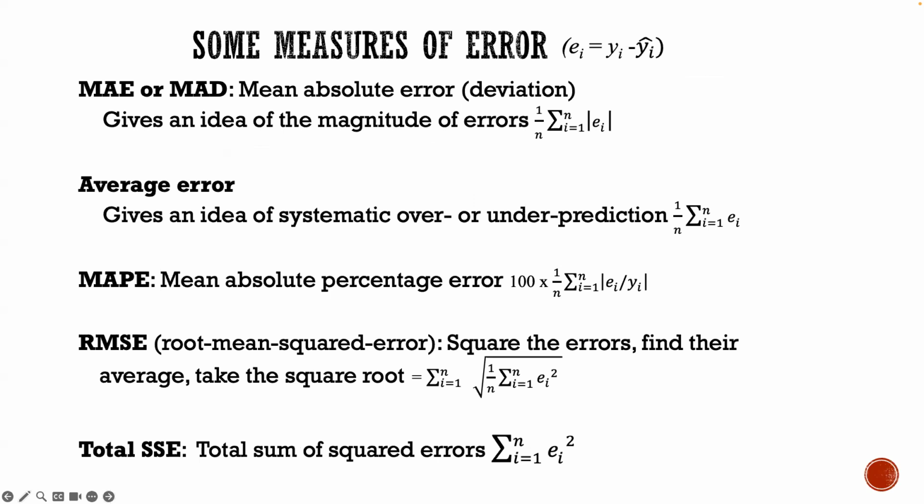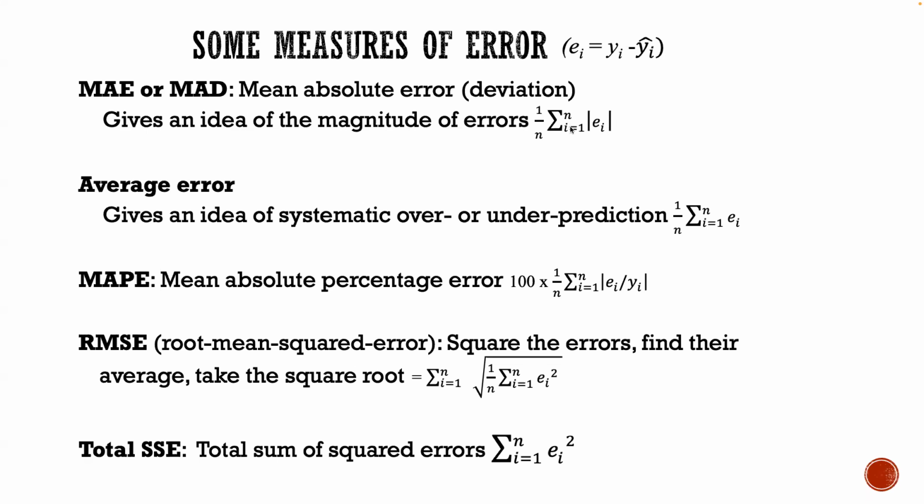These are some of the measures of error that we typically would use in machine learning models, in different data mining models. One is the mean absolute error. Basically, take the error, which is the difference between the two, take the absolute value of it, which means all the negatives also become positive, add them, and then take the average, right? So add all of them and divide by n, where n is the total number of observations.